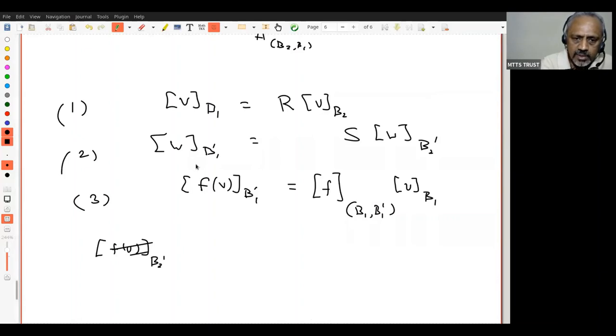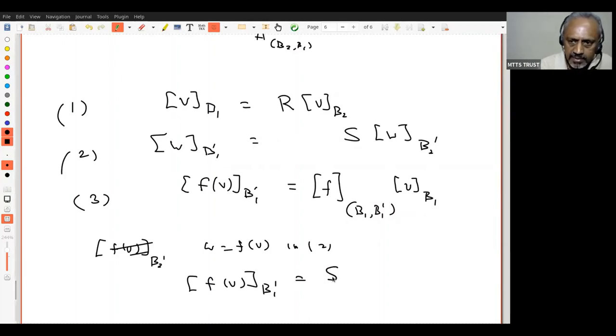I want to substitute f of v in place of w in 2. So w equals f of v in 2. So what do I get? I get f of v with respect to B1 dash, that is the coordinate representation of f of v with respect to B1 dash, is going to be S times f of v, the coordinate representation with respect to B2 dash.